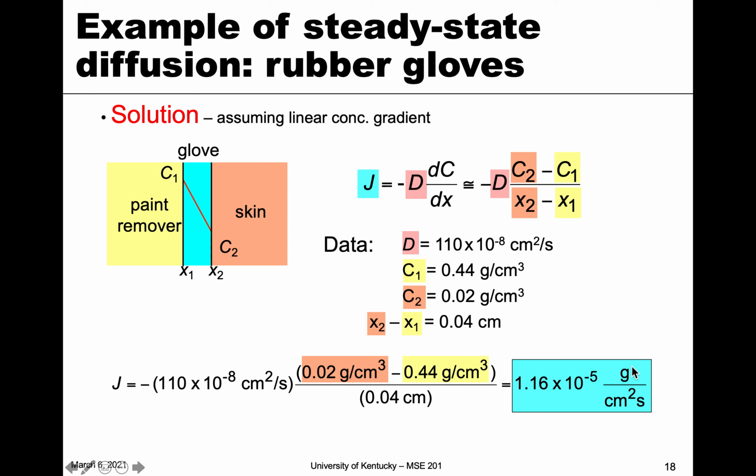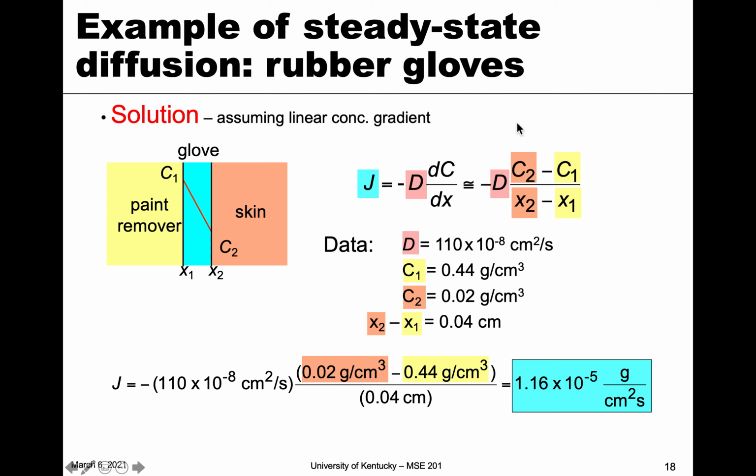So units of mass per area per second. So that's our flux. And that tells us how much is going to go through that rubber glove. And that's an important number, right? If we want to compare different gloves, then we would obviously want to pick the glove that had the lowest flux, because that flux means mass of that chemical that's an irritant getting to your skin. And so that's an important calculation.